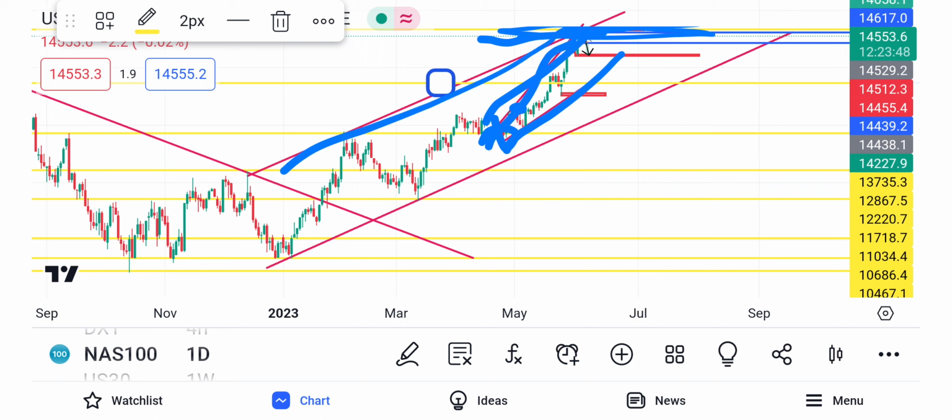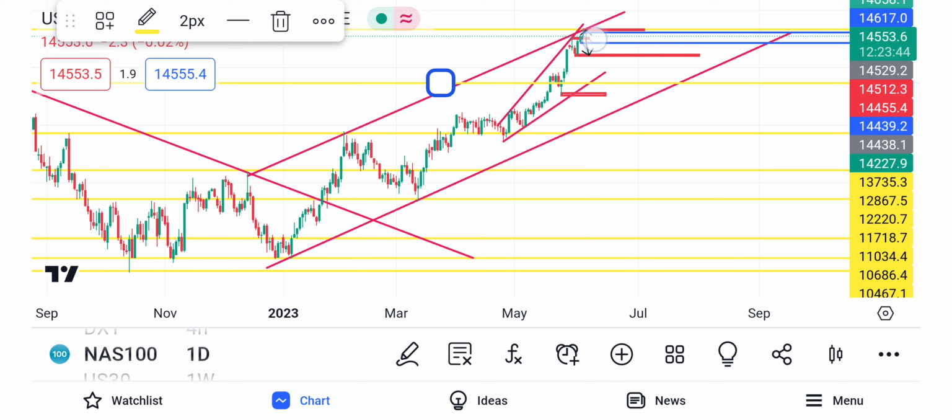So it shows that this area here is the confluence zone. Okay, so let's go to the 4-hour time frame.